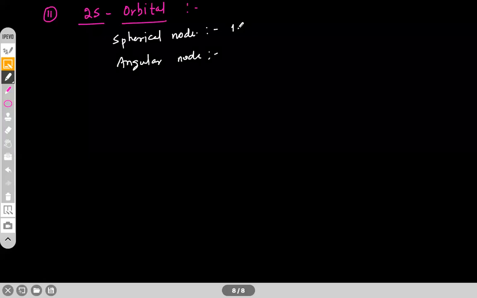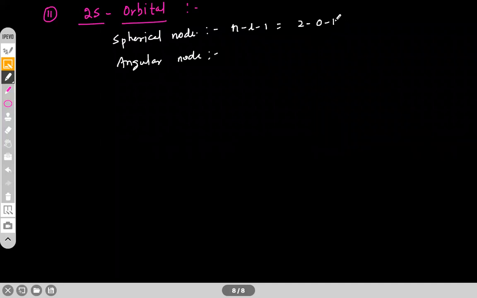The spherical node count is n minus l minus 1. Substitute the values. Total number of nodes is 1, right? Remember, an angular node is non-spherical, and we cannot show it on the graph, right? A spherical node we can show.